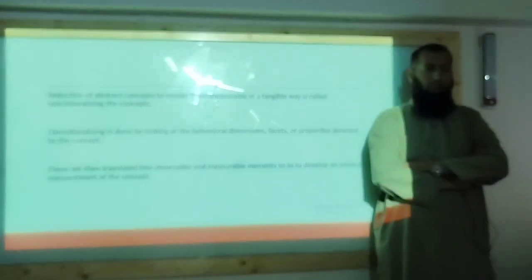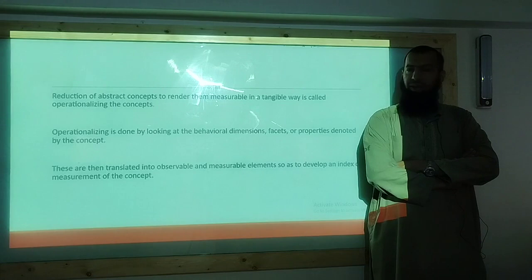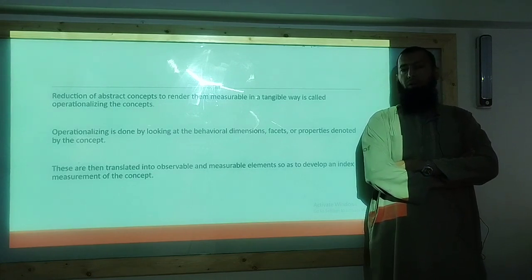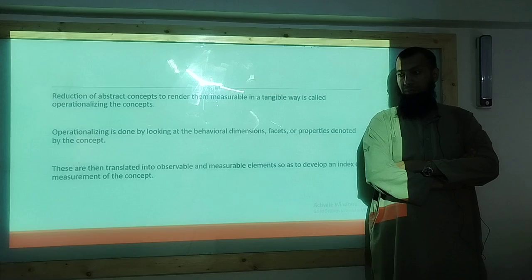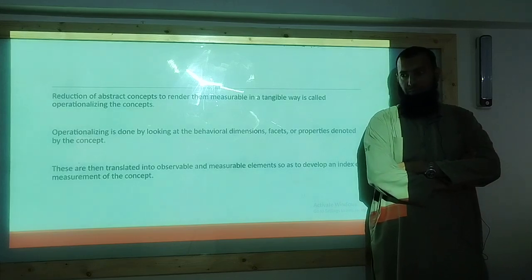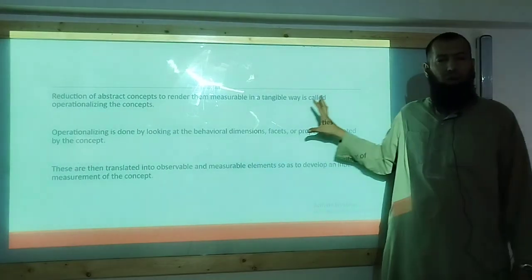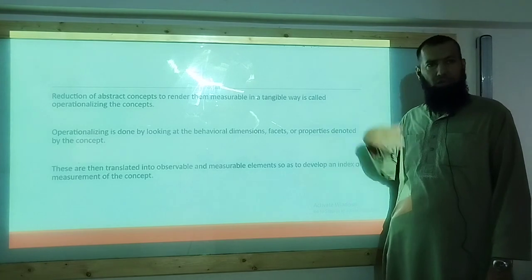For that you need to operationalize them. Until you operationalize them, you can never measure the variables. And if you cannot measure the variables, how can you get to know about the relationship magnitude, the relationship direction, that can be negative or positive either way? So it requires you to collect the data and test.